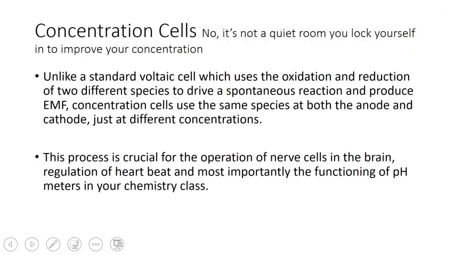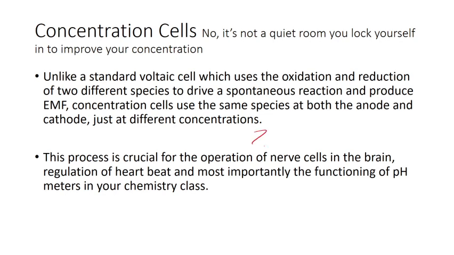Okay, the last thing we're going to talk about here, unless I'm completely off on what comes after this, is concentration cells. What a concentration cell is, is a voltaic cell that uses the oxidation and reduction of only one species. So up until now, the standard voltaic cells we've seen have used a different species at the cathode and anode.